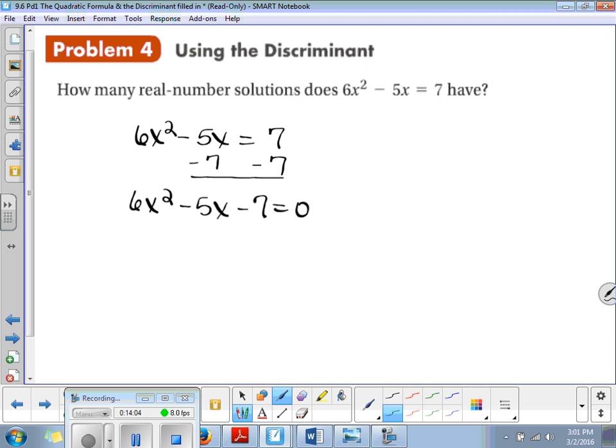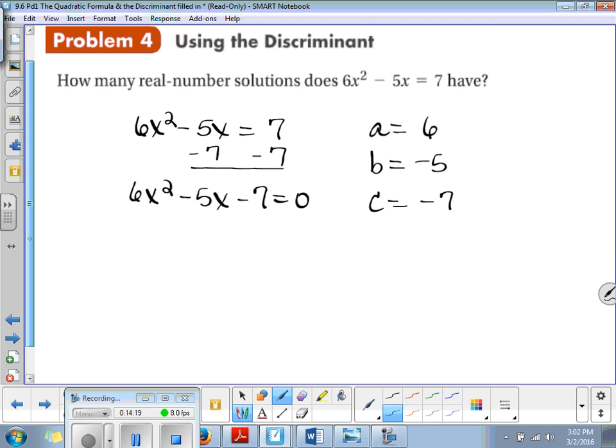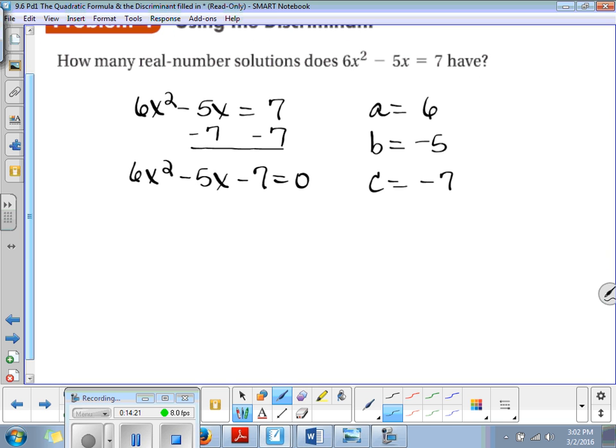So A is equal to 6, B is equal to negative 5, and C is equal to negative 7. So the discriminant is just everything under the square root, right? So under the square root is the b squared minus 4ac. This is the discriminant.